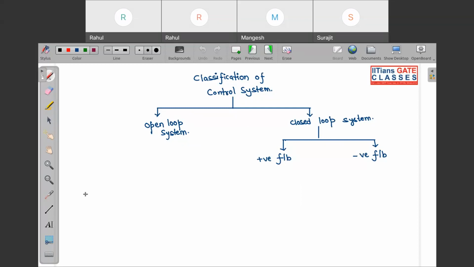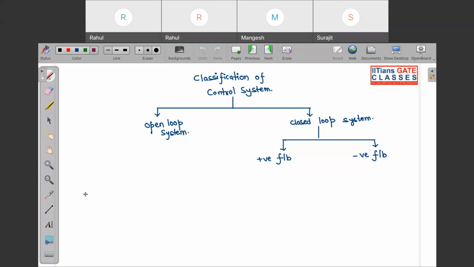Classical control system means the control system that depends on transfer function for the analysis of the system. Okay, we depend totally on transfer function for our analysis. That is known as classical control system. So in our GATE syllabus or in any PSU, we just have to study classical control.